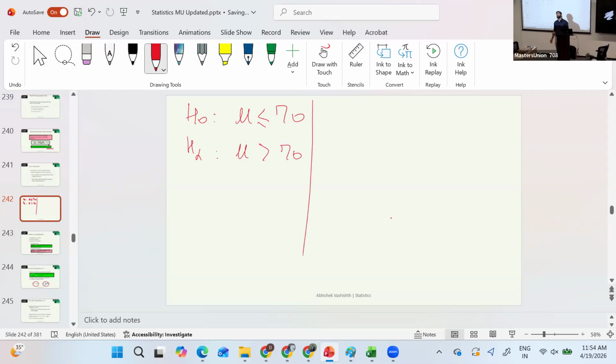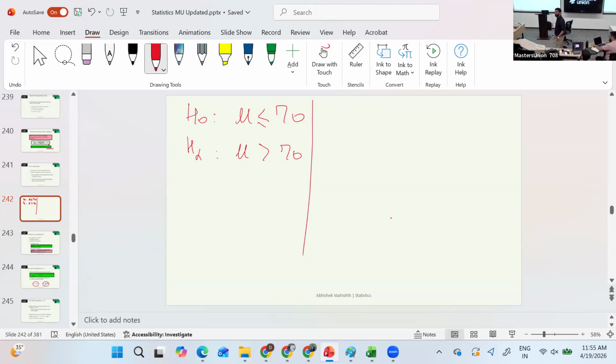Now let's say Red Bull says that the caffeine percentage in our bottles is at least 75 mg per 250 ml.